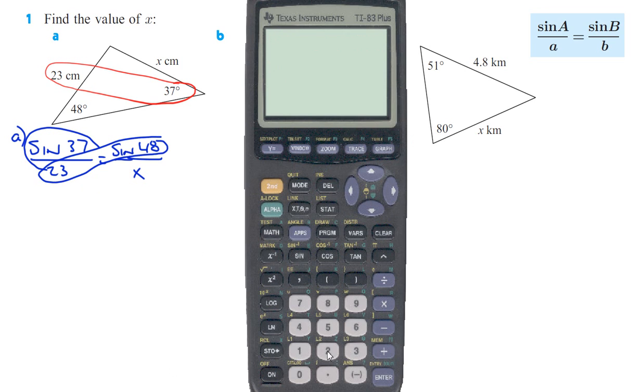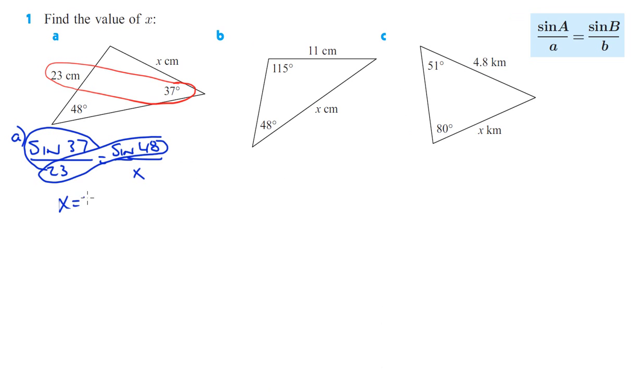So 23 sine 48 gives us 17.09, and then we're going to divide that by sine 37, and we get 28.4 centimeters. Okay, and that's all there is to that.